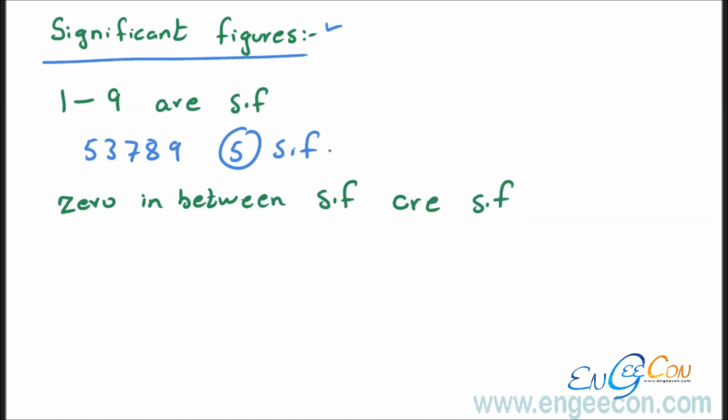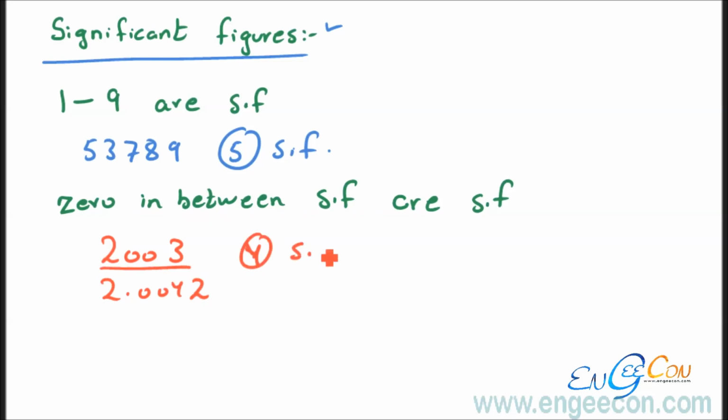For example, we have 2003 or 2.0042, having four significant figures and five significant figures respectively.